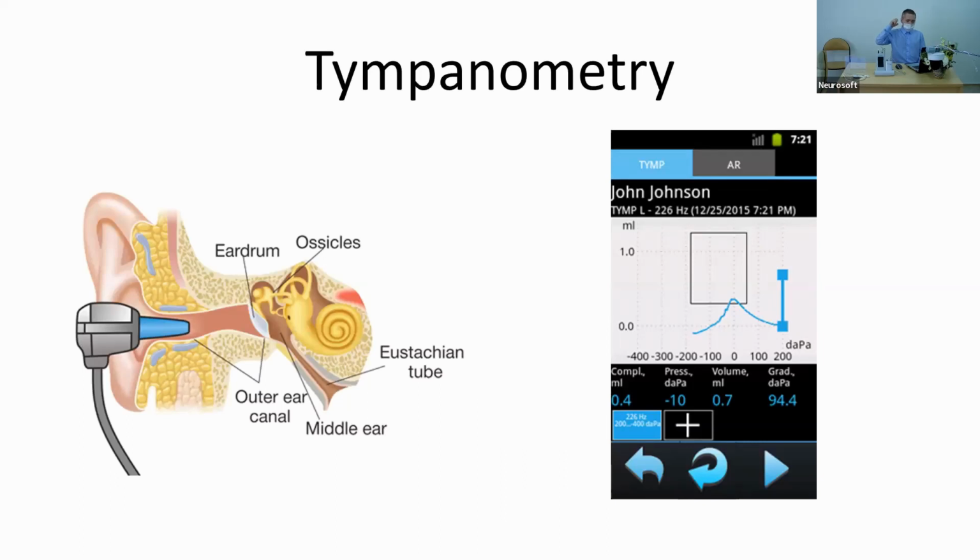Also, the pressure is changed inside the sealed ear canal. And during this change of pressure, relative to the atmospheric or ambient pressure, a plot called a tympanogram is drawn on the screen. A tympanogram is a plot of ear admittance versus the relative pressure.